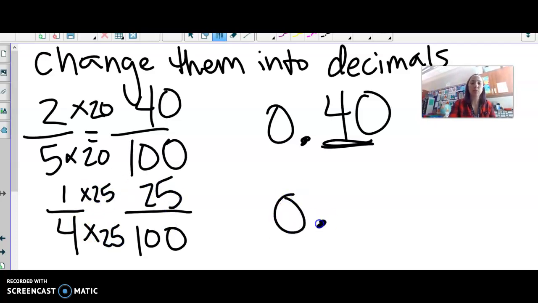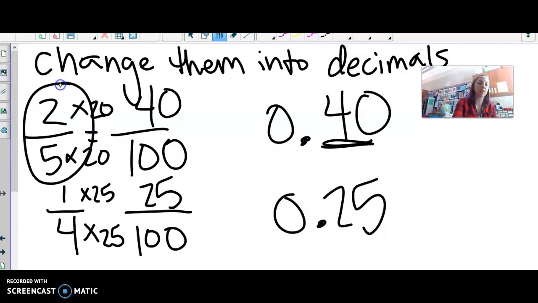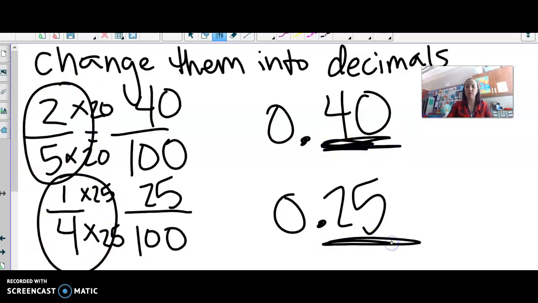I know that that's going to be 25 hundredths. So I can see, oh, 2/5 is bigger than 1/4 because 40 hundredths is bigger than 25 hundredths. So that's when I can do some comparing with fractions by changing them into decimals.